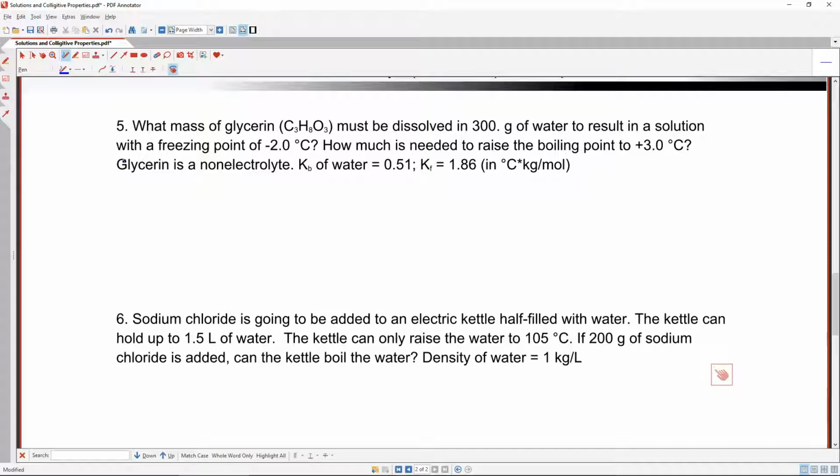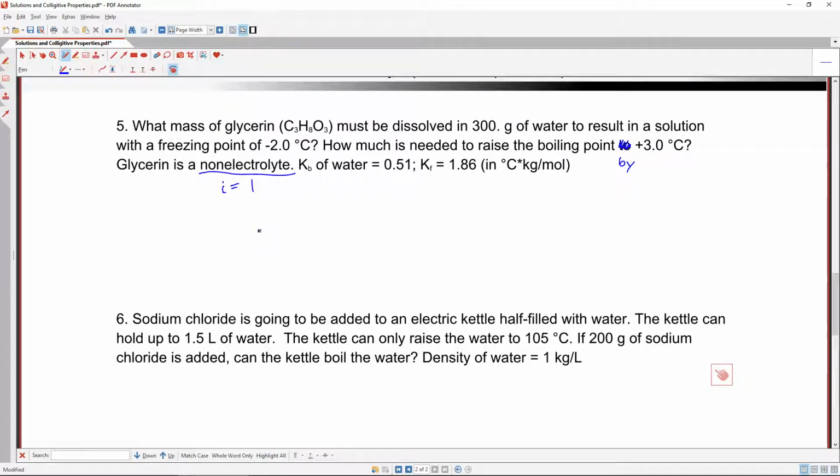How much is needed to raise the boiling point by 3 degrees Celsius? That's a typo, it should be raise it by. Glycerin is a non-electrolyte, meaning it doesn't dissociate, aka our van 't Hoff factor is 1. In fact, I should write that. Non-electrolyte, i equals 1. And it gives me the Kb and Kf for water again, because water is our solvent.